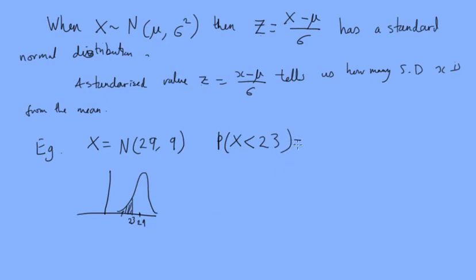That's going to be the same as the probability for z less than, we take this and we code it, so our x is 23, our mean is, oh wait, I've written the wrong number there, sorry, mean is 20, let me just change that, so mean 20, that's 23, so here, sorry, that's the probability we're looking at.